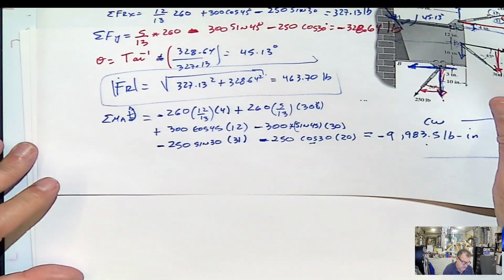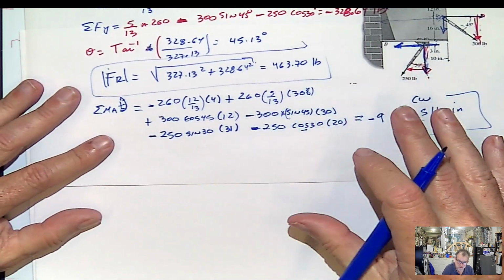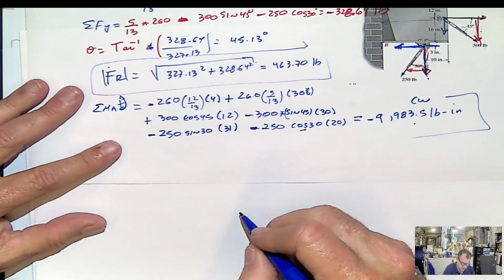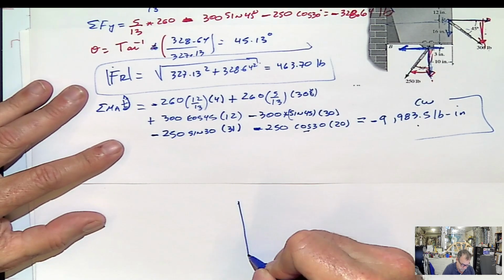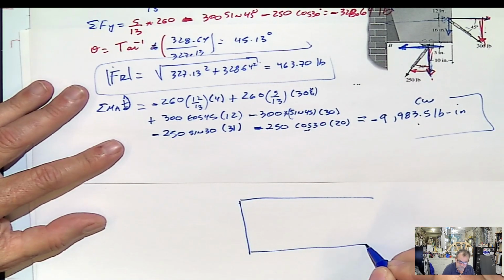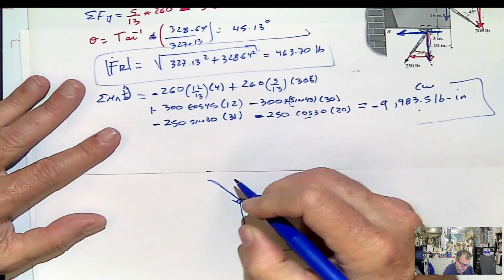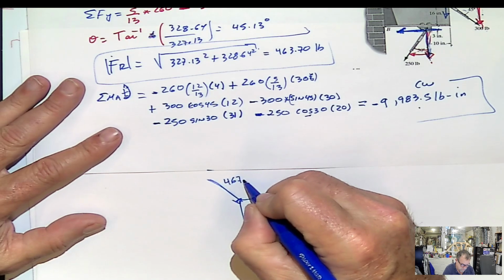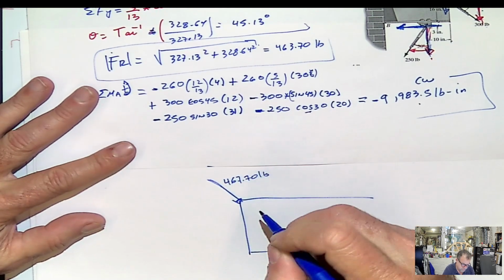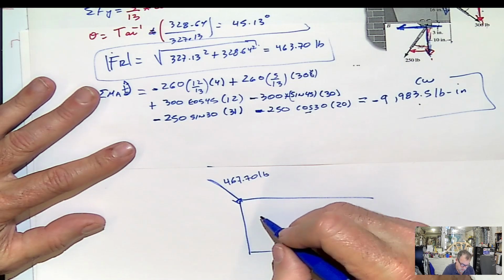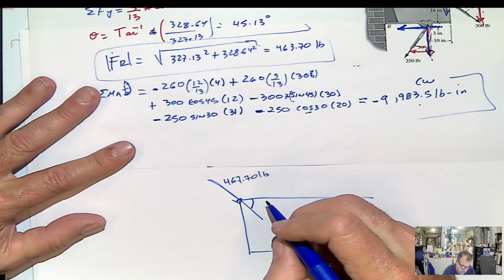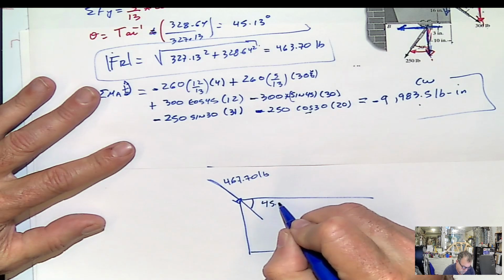The result is that that entire system could be converted into a force here, force 67.70 pounds, and the angle here will be 45.13.